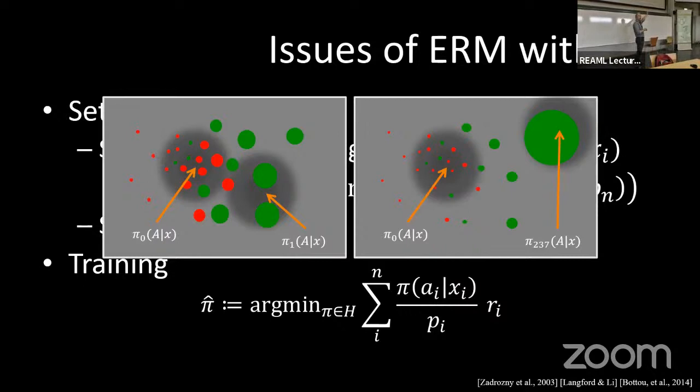Way up in this corner, I only have one observation from the logging policy. And what happens is it now gets a huge weight. That weight makes it unbiased, but it's only a single observation, right? So it has a really big variance.